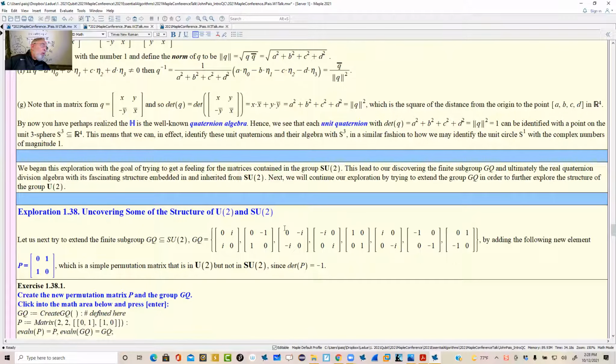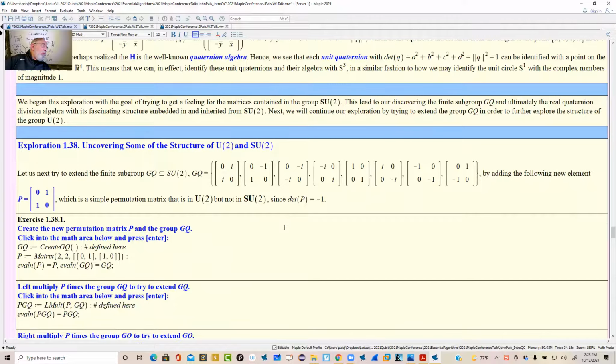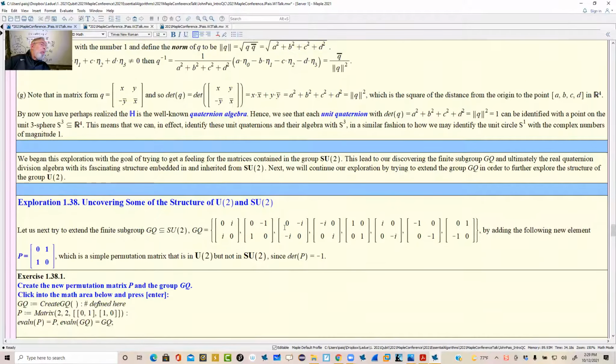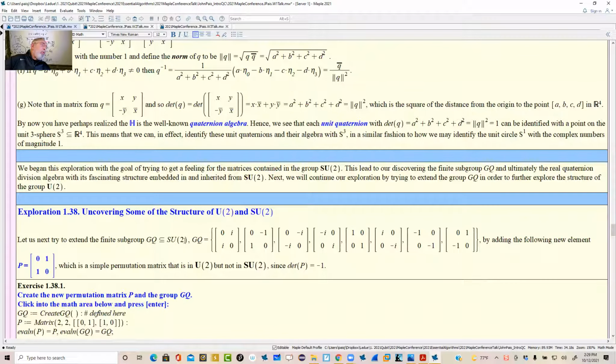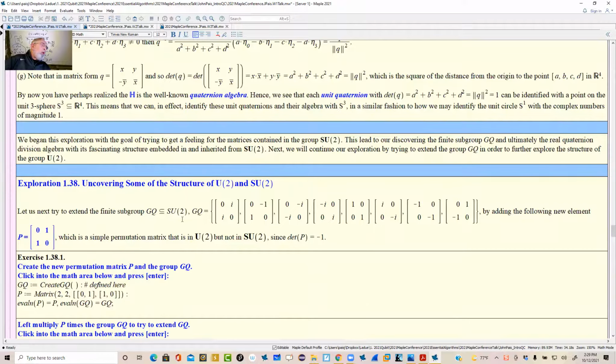Now more of the computational exploration goes on here. We have the Quaternion group, GQ, as I'm calling it, and suppose we try to extend it by some matrix. I'm randomly, and maybe not so randomly, picking a simple permutation matrix, which is 0, 1, 1, 0.